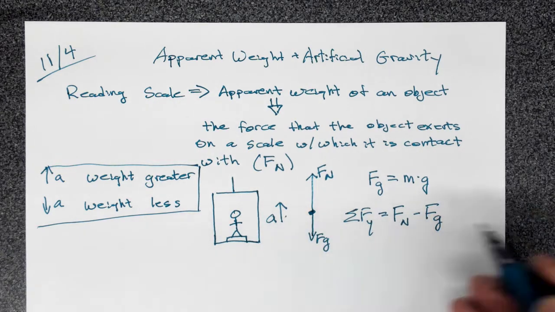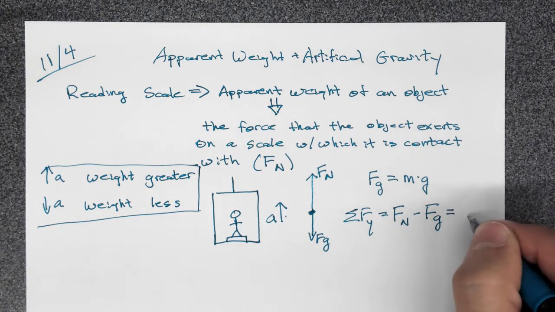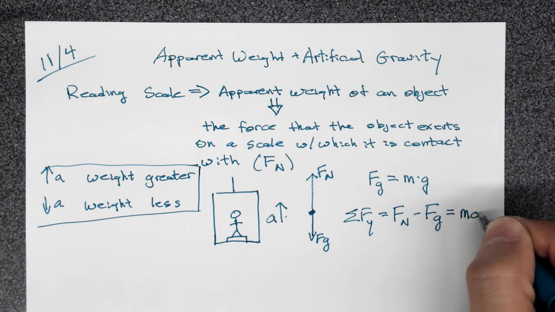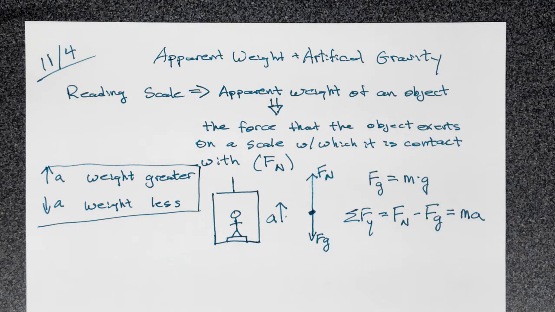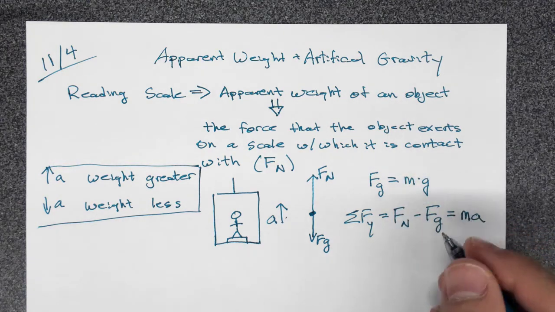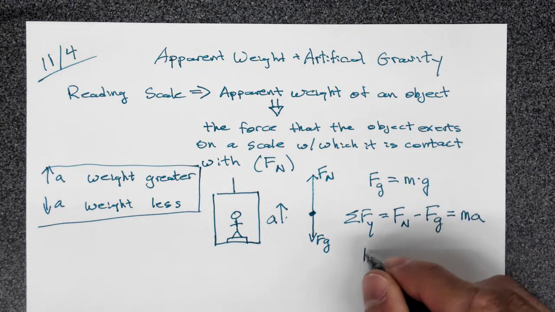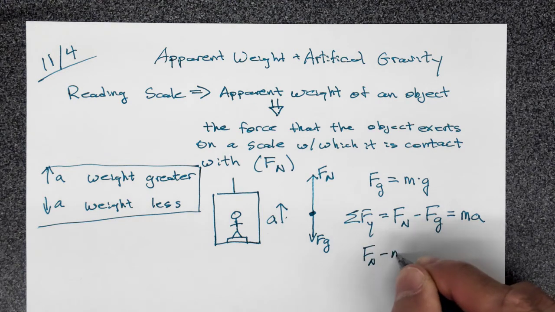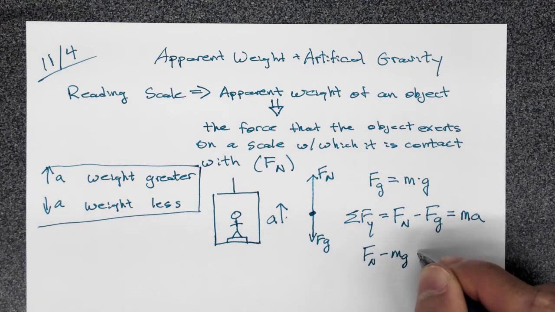And since it is accelerating, this is not equal to 0, this is equal to mass times acceleration. If we now substitute Fg equals mg, we'll get Fn minus mg is equal to ma.